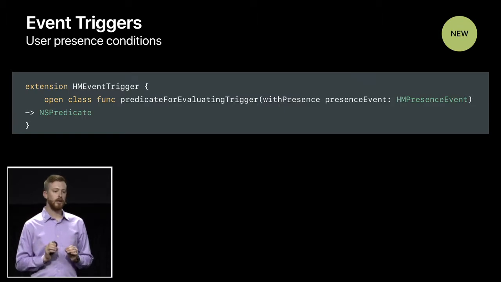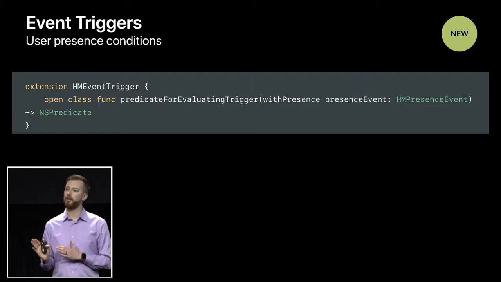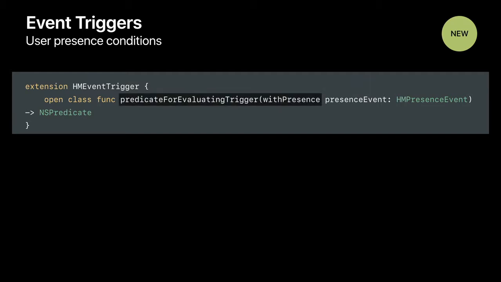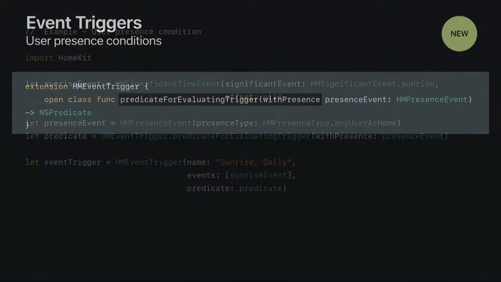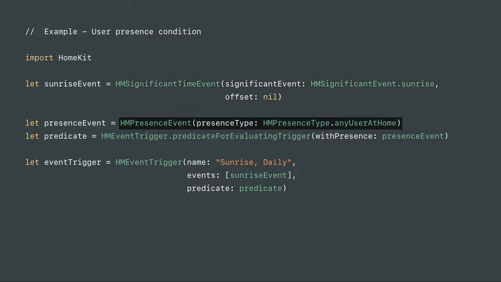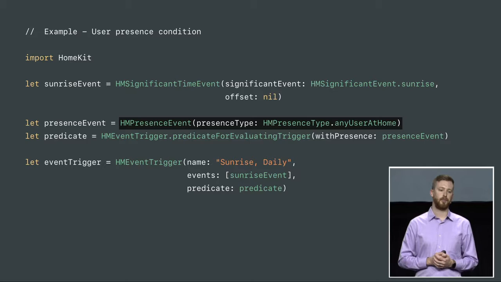Now, let's go ahead and add a presence condition to our previous sunrise event trigger and take a look at what it looks like. First, we're going to create our significant time event, which is our sunrise event, specifying no offset, same as we did before. We then create our HMPresenceEvent, again, same as we did before, specifying any user at home.